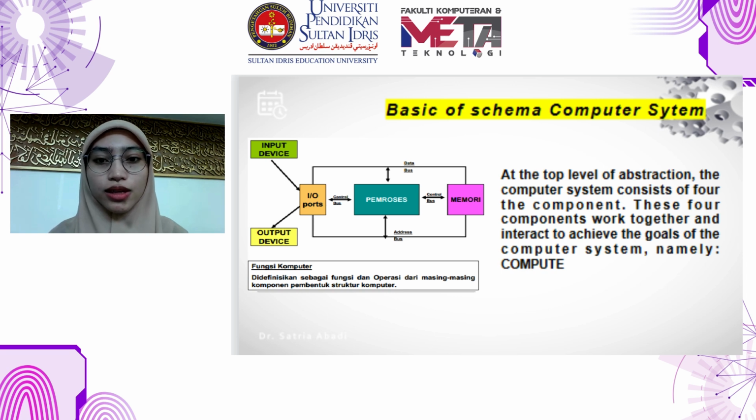So the first one is input devices. This is where the journey begins. Input devices like the keyboard or mouse allow us to feed data and instructions into the system. They are the gateway for us to interact with the machine. Secondly, output devices.